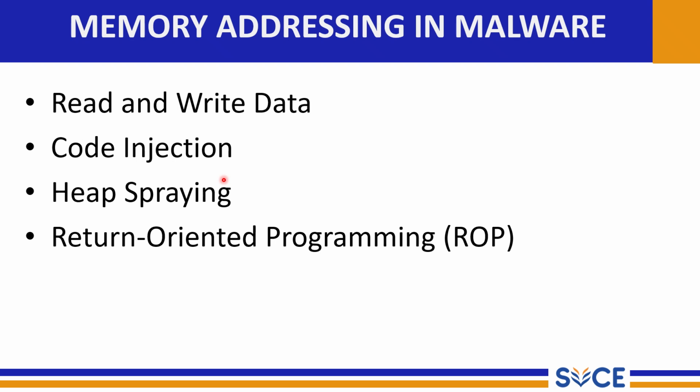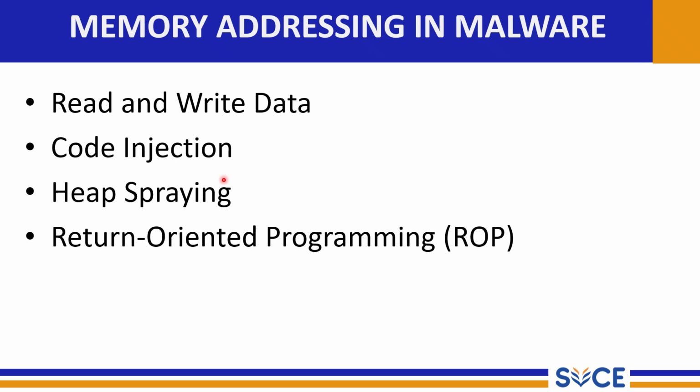Next, base plus offset addressing: the address is calculated by adding an offset to the value in a base register. And indexed addressing: the address of the operand is calculated by adding an index register to a base address.